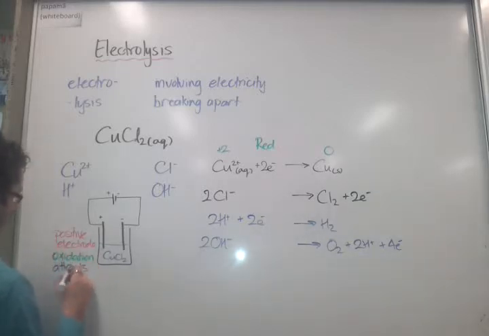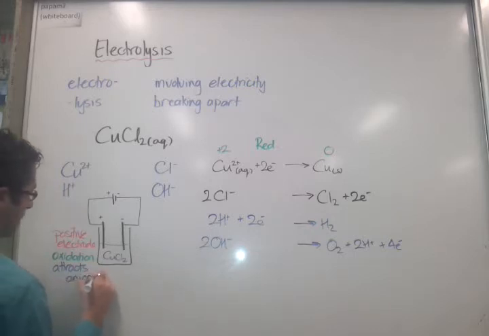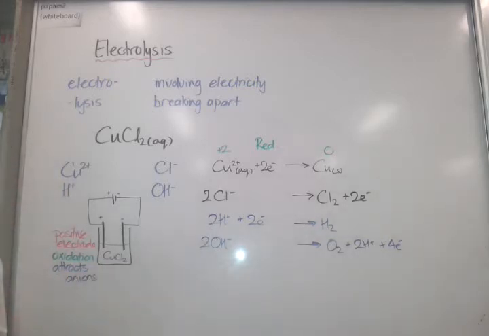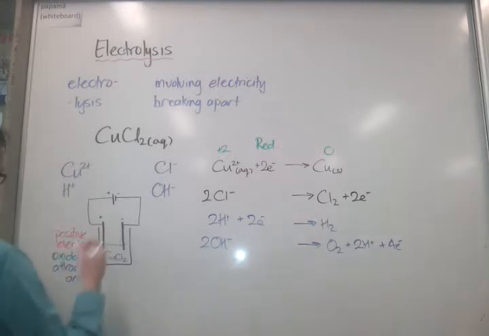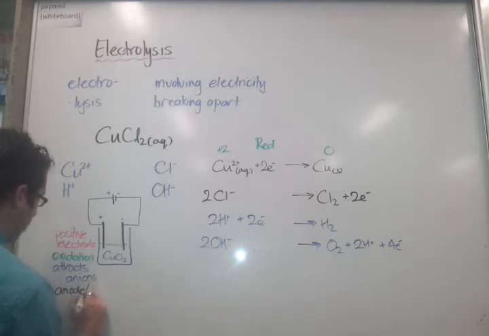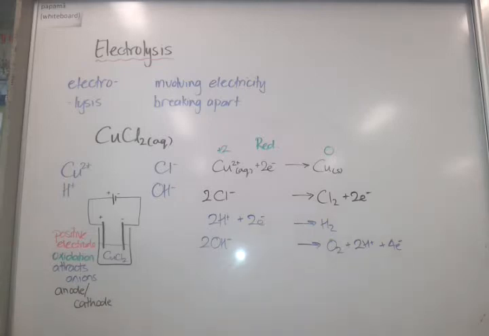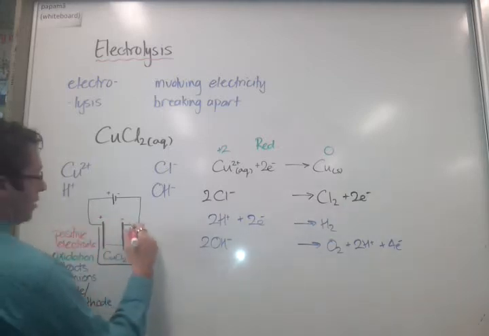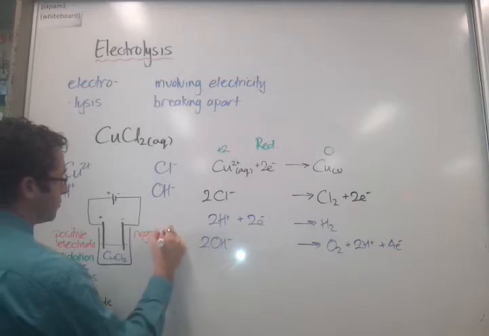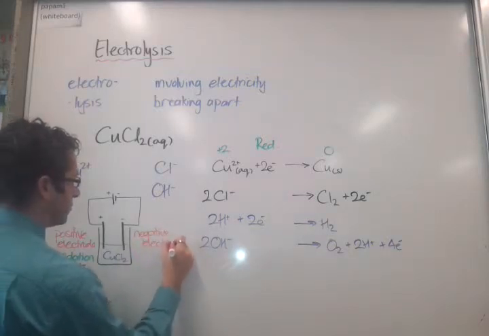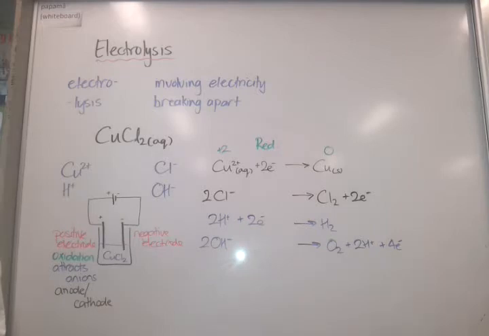As part of what you do today, I want you to decide, is this the anode or the cathode? I'm not going to do that in this video. That's part of what you're doing today, to determine whether this is called the anode or the cathode. We're going to need to delete one of those two, whichever is correct. Everything's going to be opposites over here. So the negative electrode: if oxidation is happening at the other electrode, what would we expect is happening here?